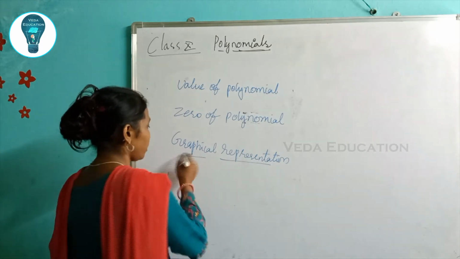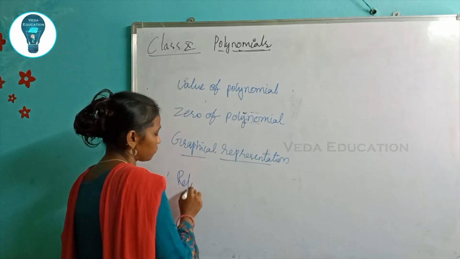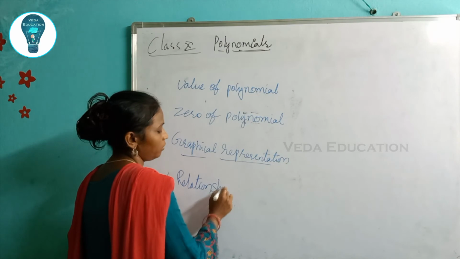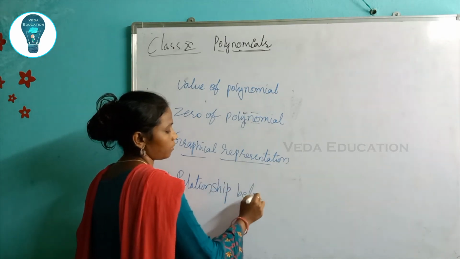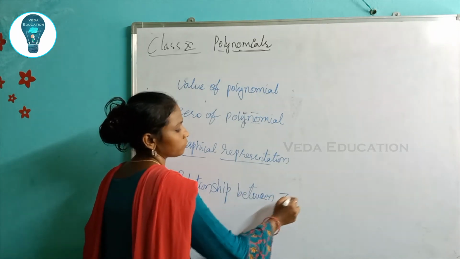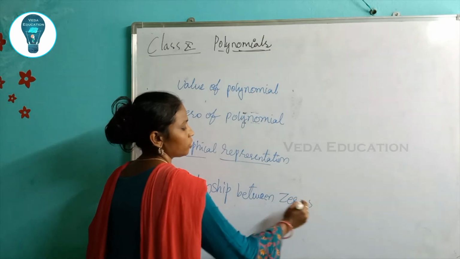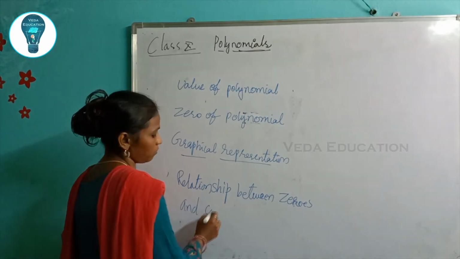Next, after graphical representation, the relationship between zeros and coefficients of the polynomials.